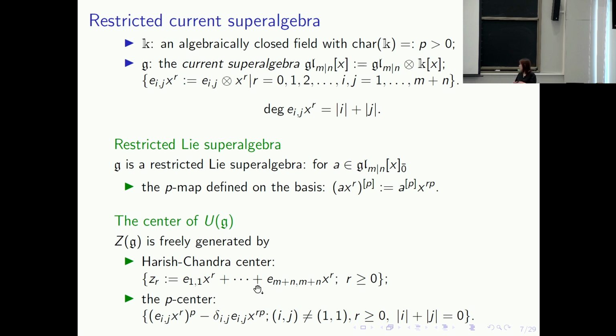The subalgebra generated by these central elements is called the Harish-Chandra center in characteristic 0. But we found these definitions and results also make sense in characteristic p.